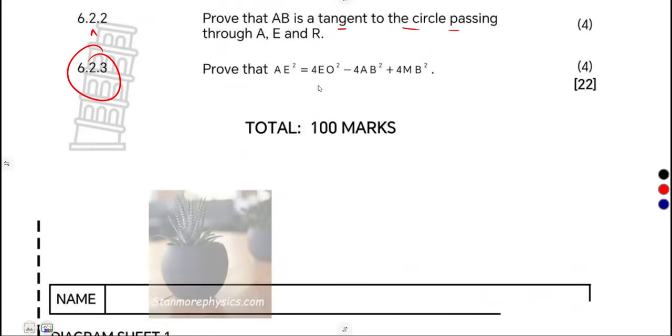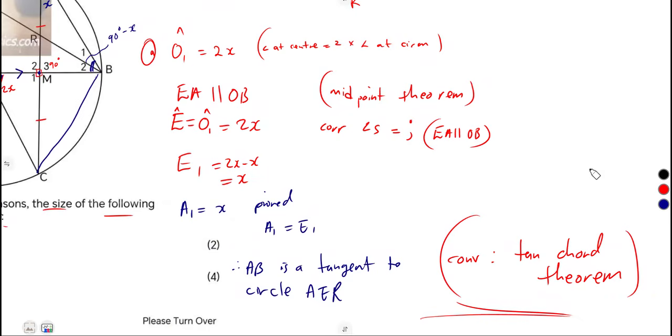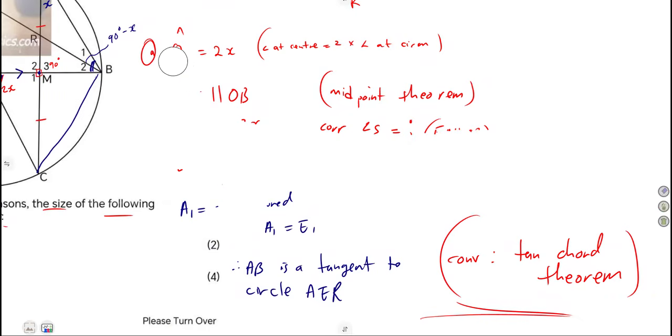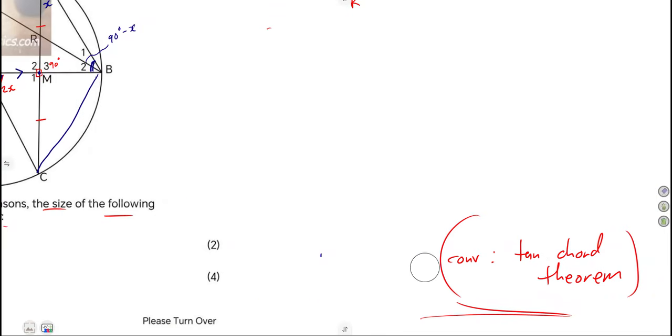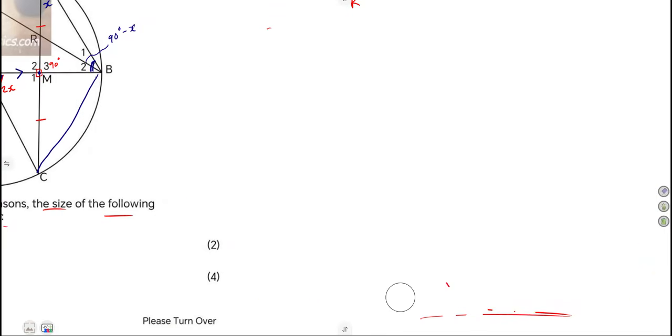6.2.3, prove that this here is the same. Let us try to figure out what it is that we can actually use. We've got these theorems that we have worked with. That was actually the last part, 6.2.3.